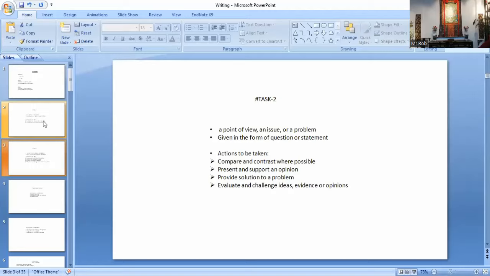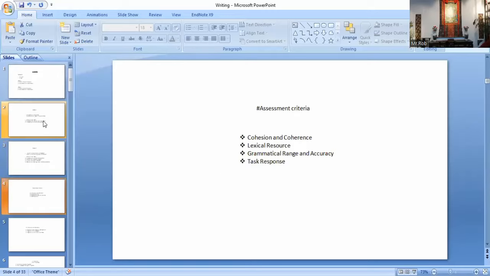And here you have to again compare and contrast where possible. You have to present and support an opinion, or you have to sometimes provide solution to a problem. You have to also evaluate and challenge ideas, evidence, or opinions.